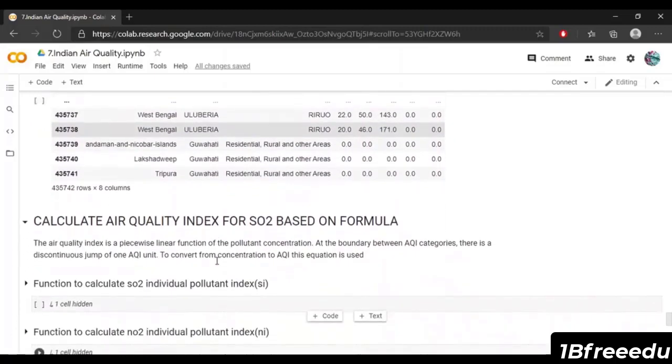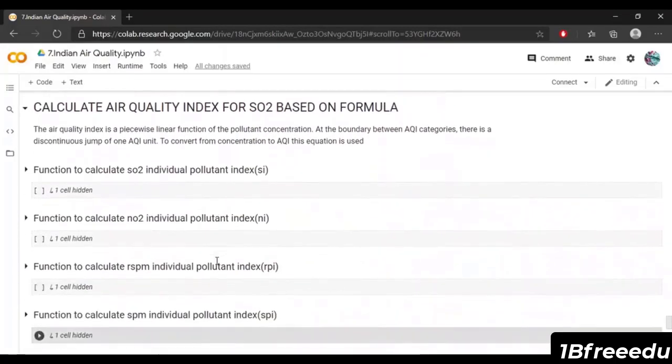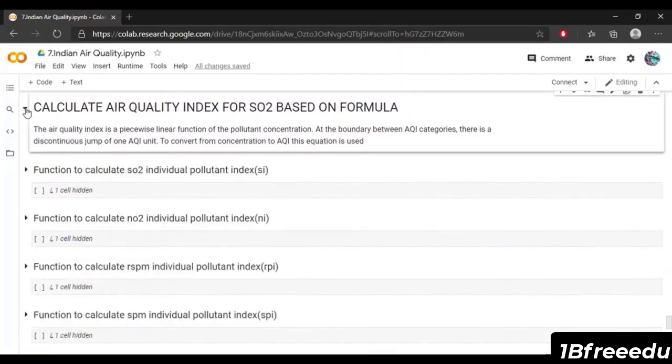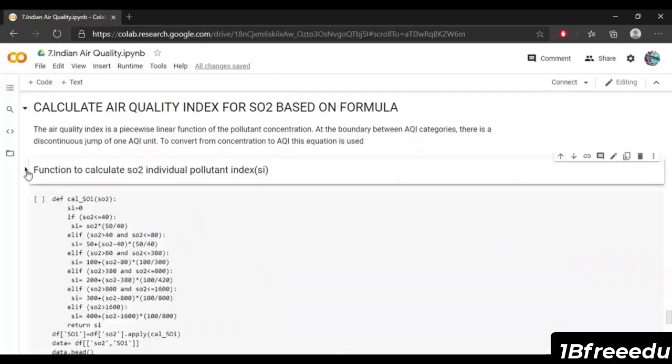The next important thing that we have to do over here is calculate the air quality index. In order to calculate the air quality index, we are supposed to use a function, and we have used a formula over here which can be found on the internet.